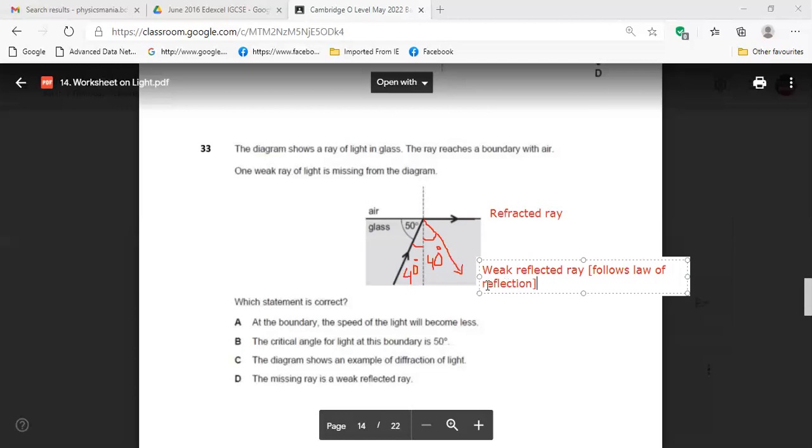Let's see what is the answer. We come to Farabi first, right? Farabi, what is our answer? Hello, Farabi. What is the answer of 33? Mahi was saying the answer is D. Is it correct, Farabi?